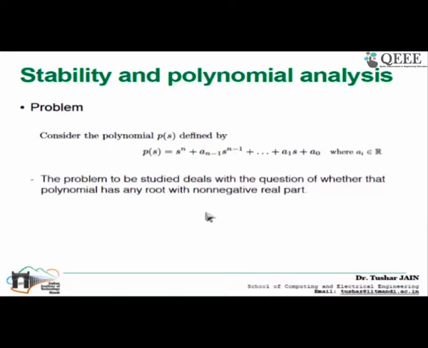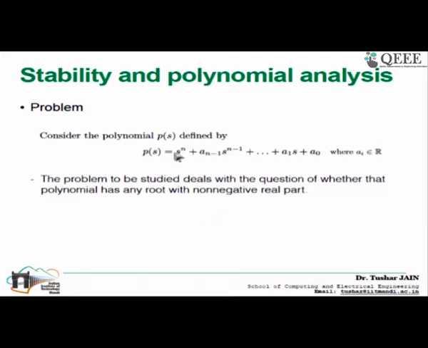All the tools I listed in the contents on the very first slide will be applied on this polynomial, because in the previous lemma we saw that if I am able to prove that the roots of this equation lie on the left hand side, the system is internally stable. And we have seen in the initial slides that stability is basically an algebraic problem. How? We will see as a subsequent of this polynomial analysis.